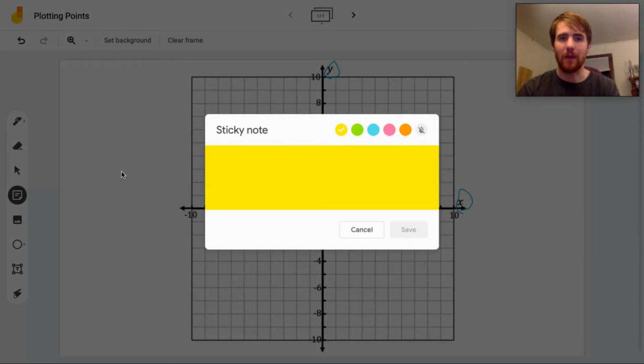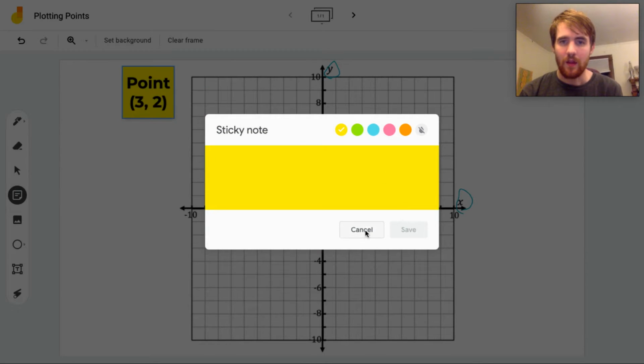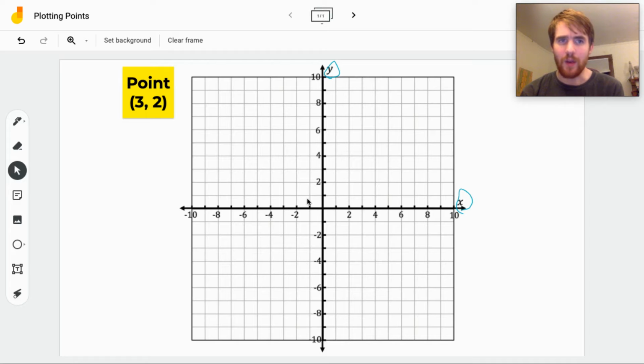Now, let's say we wanted to plot a point. Let's say we wanted to plot the point 3, 2. Usually we put parentheses around a point, but if you forget, that's okay. If we want to plot a point, what we do is the first number is always the x coordinate, and the second number is always the y coordinate, so x, comma, y.